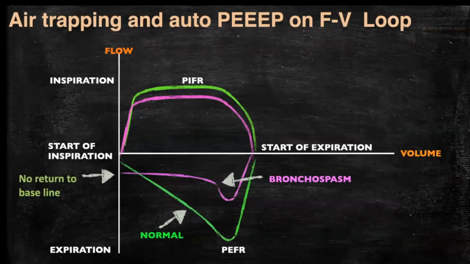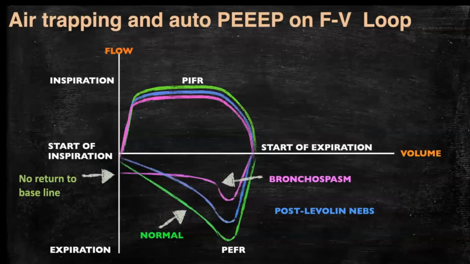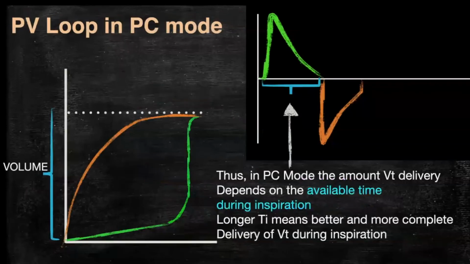And when you provide good bronchodilator, like Levolin nebulizations, IV Maxelf infusions, then you will see the volume improving and the flows again touching back to the baseline. So flow volume loop is a good loop to assess severity of the bronchospasm and also response to various medications which we are using for treatment of air trapping and bronchospasm.